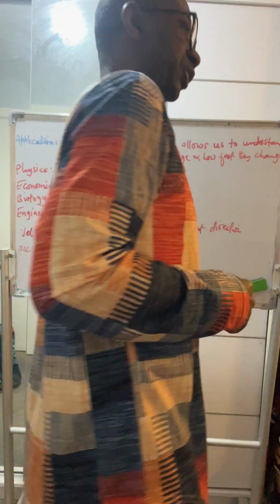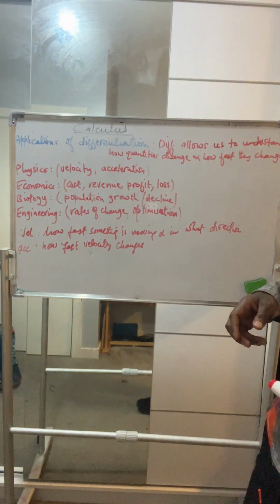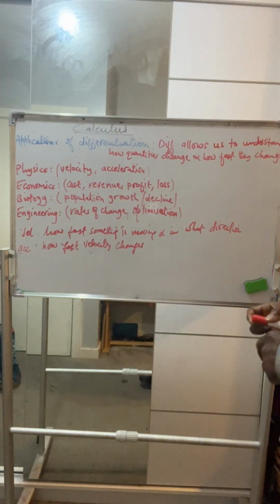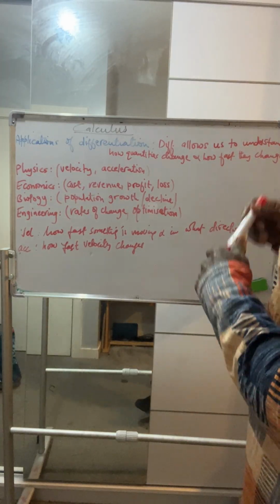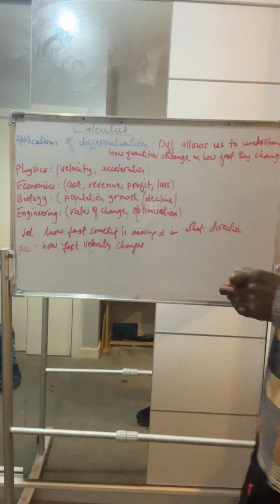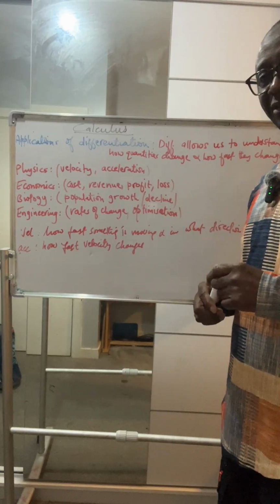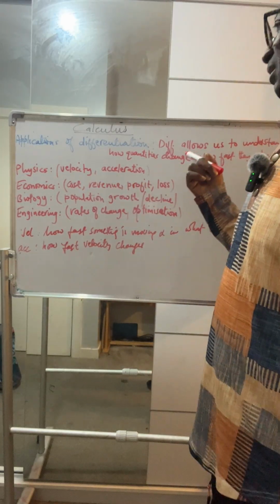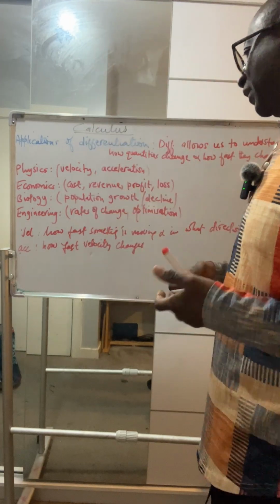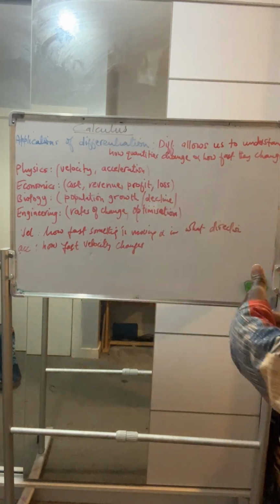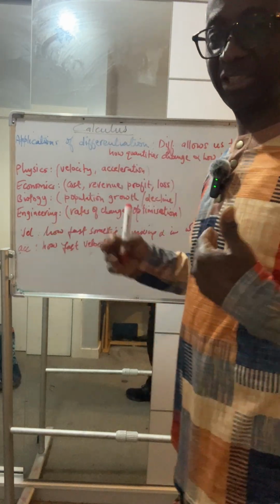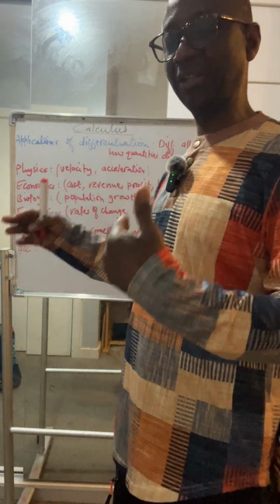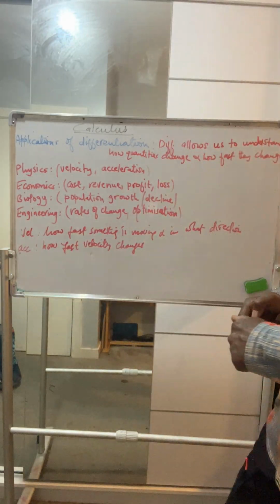This is where calculus is used most. But it's also used in economics, finance, biology, chemistry, engineering, and science in general. So velocity in physics is how fast something is moving and in what direction. And acceleration is how fast velocity changes.